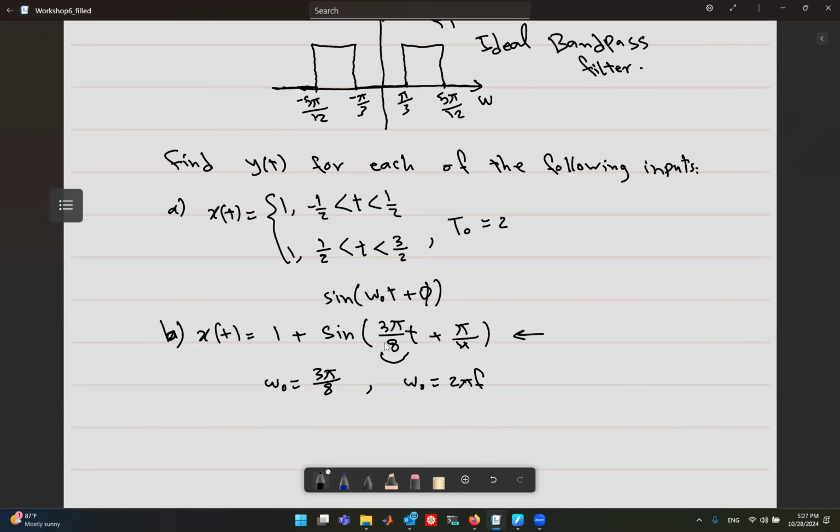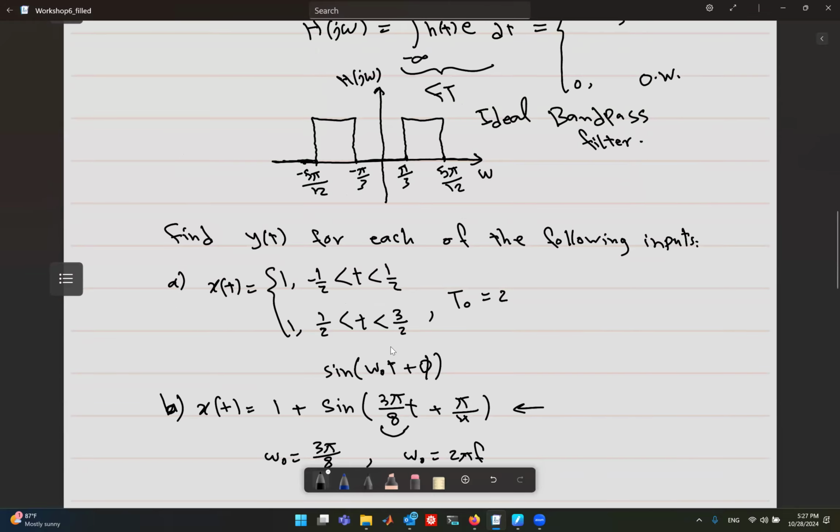Remember, the frequency of this signal is 3 pi over 8. And if we look here in the frequency response, 3 pi over 8 will be outside those two bands. It would just be 0, no? So yes, it will be 0, because the frequency of this signal is outside the pass band of this filter.